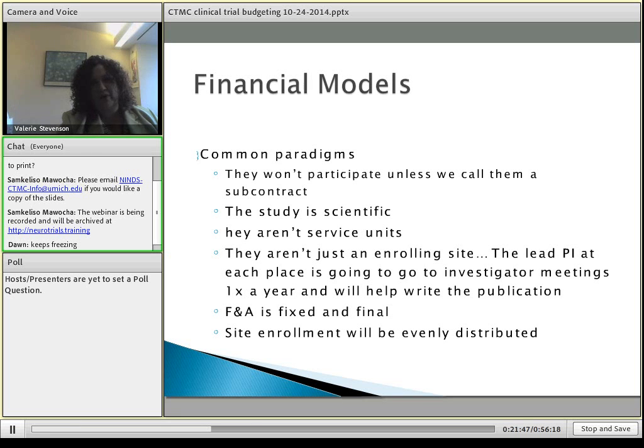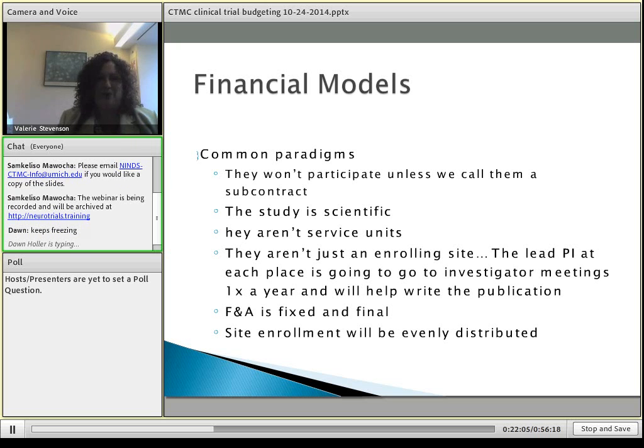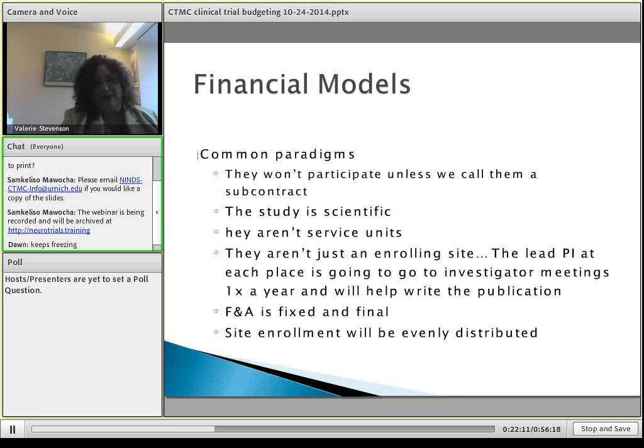Another item we need to think about when we think about paradigms is that we can tend to think that enrollment will be evenly distributed across a group of sites. And I think, for those who enroll, it's not. When you're putting together a budget, you may budget for each site to enroll 5 patients, and then you calculate your rates and your costs for those 5 subjects across the sites.